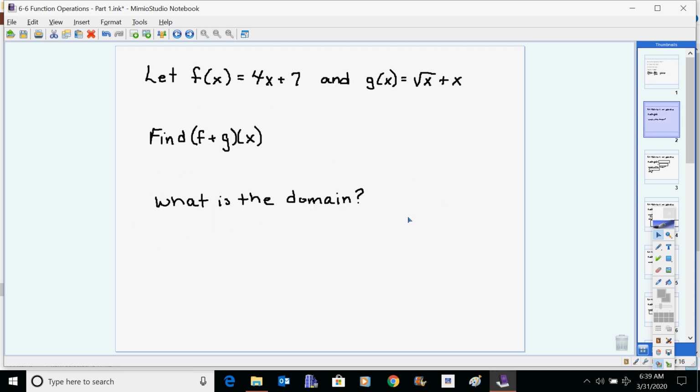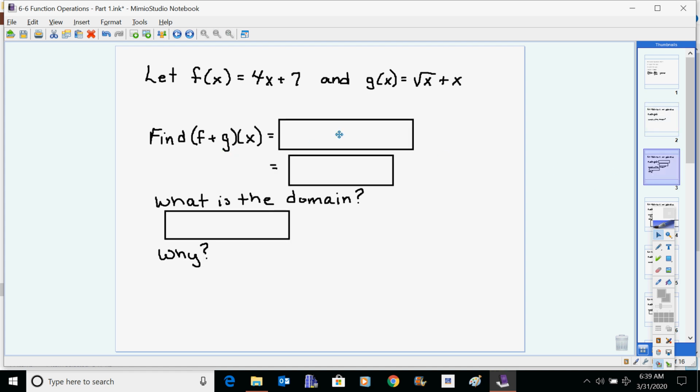All right, well, the best thing to do is to jump in with an example here. We have f of x is a defined function, and g of x is a defined function. Now these functions, of course, can change depending on what problem you're doing. You always have to have them defined somewhere to start a problem. And we're supposed to find the sum, f plus g of x. And this is as easy as it sounds.